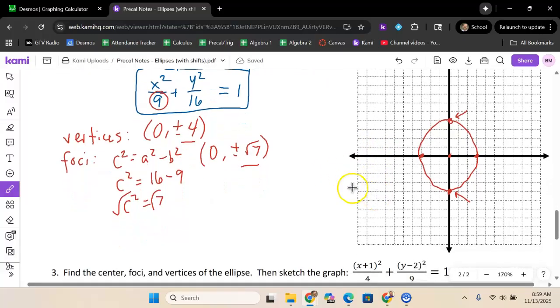And again, to plot those, that would be somewhere between 2 and 3. So I'm just going to go between 2 and 3 units and list those foci. The length of the major axis is 4 each direction, so that's going to be 8. The length of the minor axis is going to be 3 each direction, so that's going to be 6.